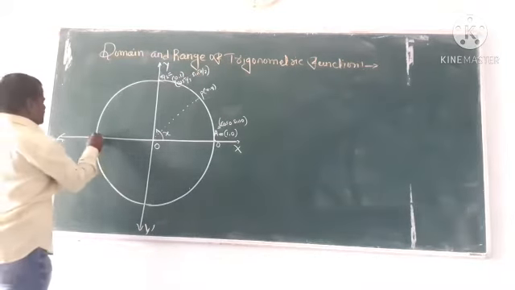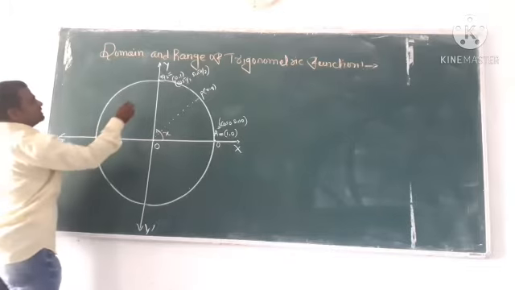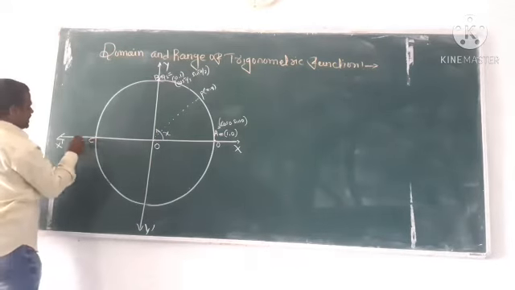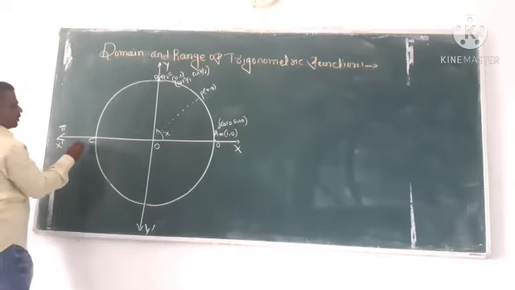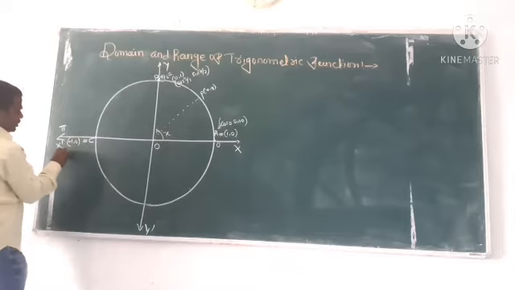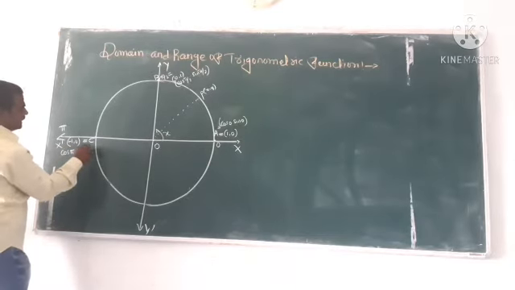Here this is called pi, so you express point C as (-1, 0), cos pi, sin pi, right?